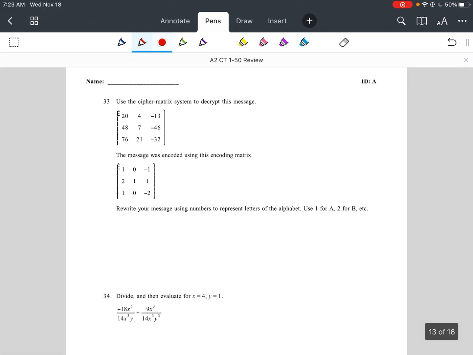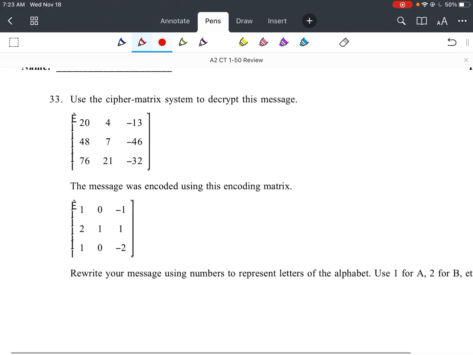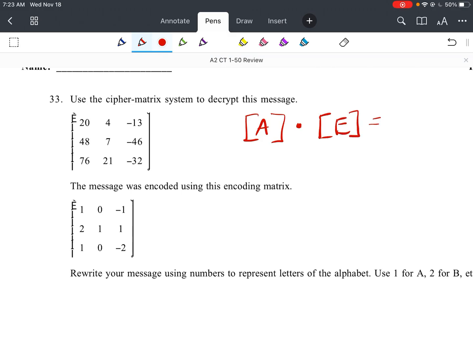All right. So this one is an encoded matrix thing, and you're just going to plug these two matrices in. If you remember, basically, in theory, someone took some random matrix, we'll call it A, then they multiplied it by the matrix E, we'll call the encoding matrix, and it gave me this matrix here, I'll call it B. So, how do I get from B back to A?